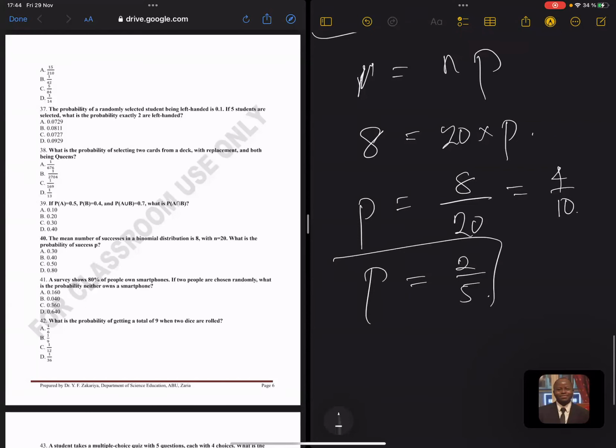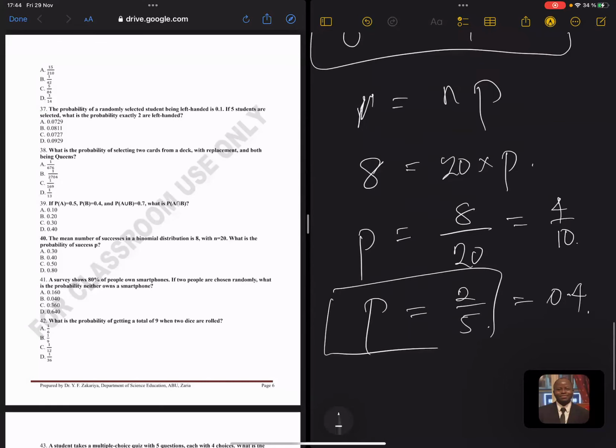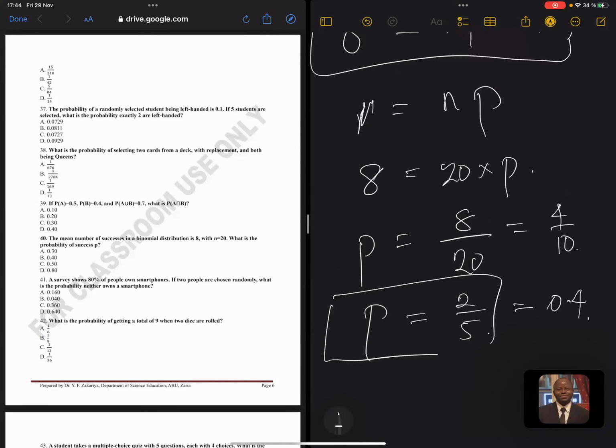So the probability of success is 2 over 5, which as a decimal is 0.4. So the right option there is option B.